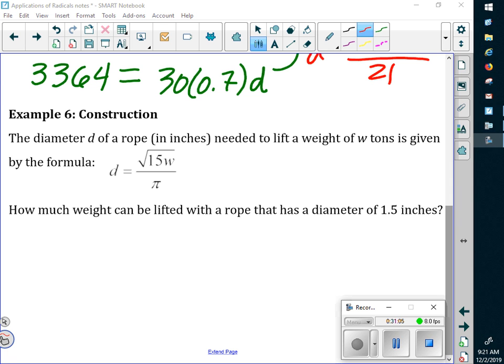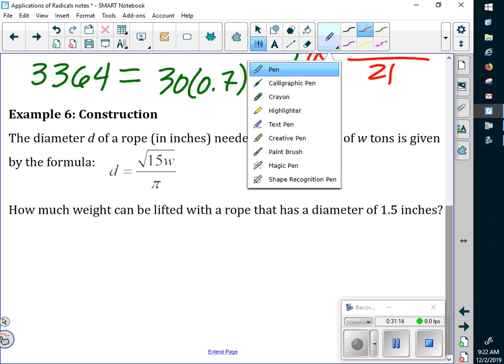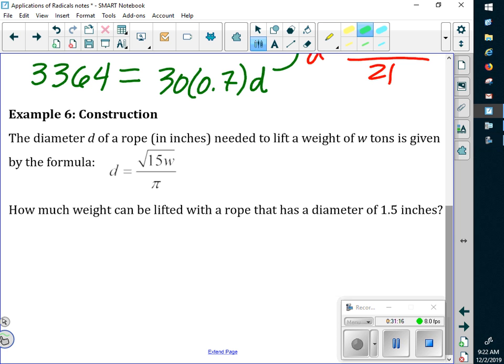All right. The diameter of a rope in inches. Yeah, I know you're talking to your homie. The diameter of the rope. So like if you took a cross section, if you sliced the rope, if you had the rope laid down and then you sliced it.